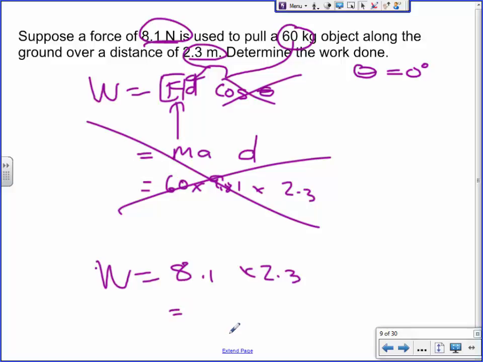16 or 17? 19? No. Do we need a direction? We're not going to if we're talking about energy here. You will notice if you look at the formulas here, work, the W, does not have a little arrow on top of it.